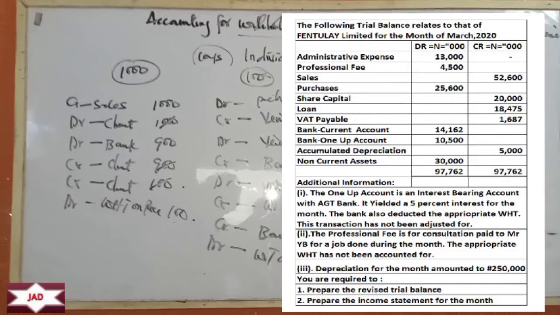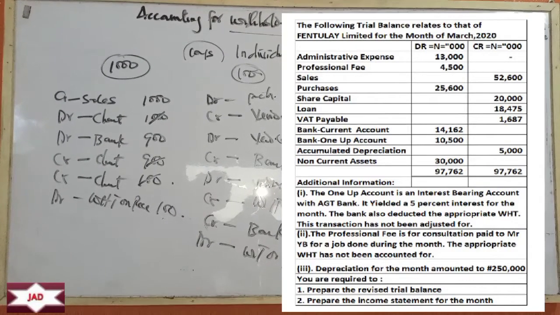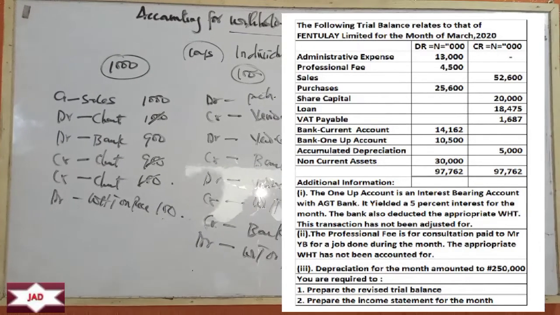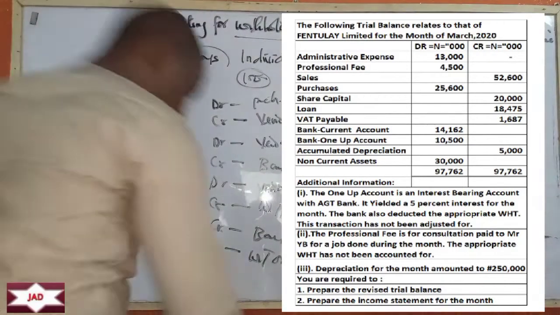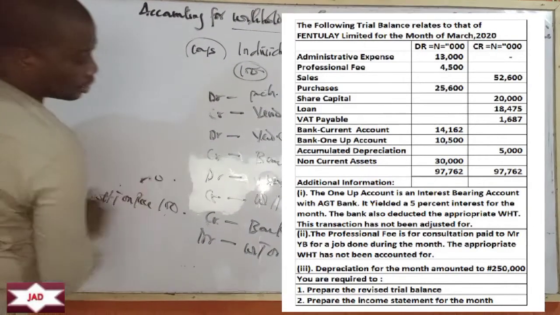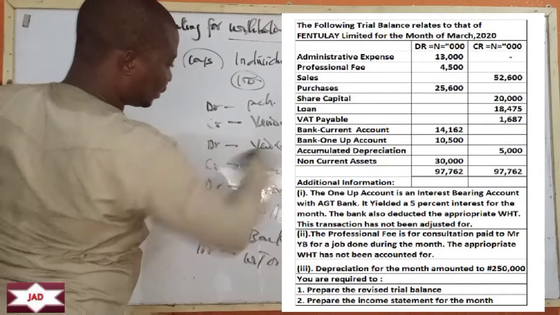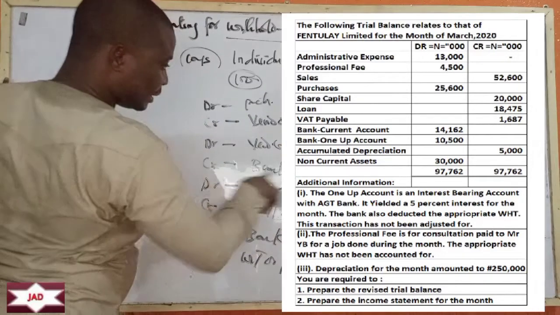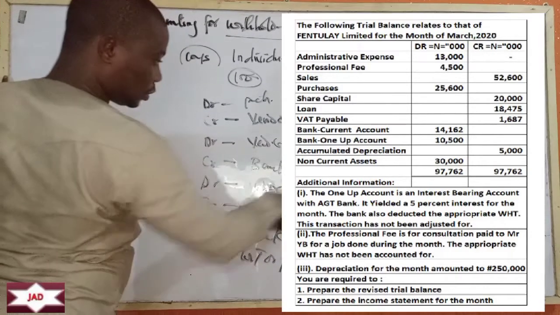This is not something that will take us much time, so let's just quickly do what we have to do. Quickly understand that this 500 here is canceling this 450 here and this 50 here.